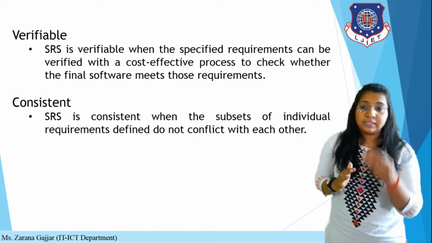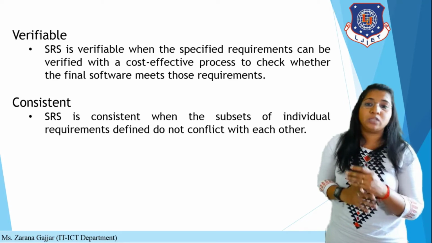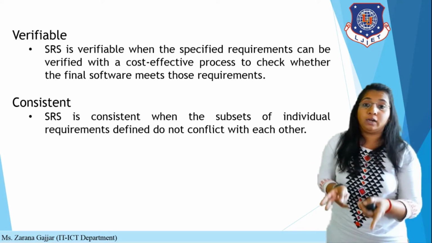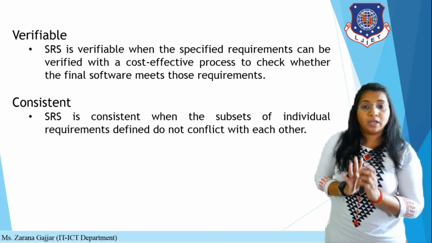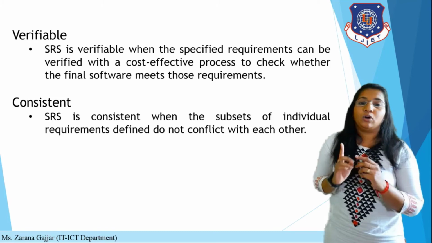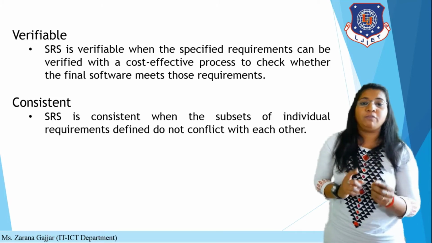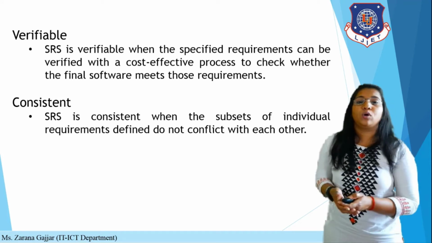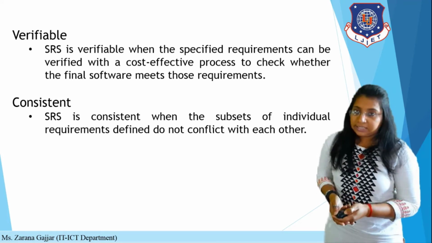By consistency, the SRS is consistent when the subset of those particular requirements defined do not conflict with each other. So there is always a single meaning, a single interpretation, for a single requirement. So these are the characteristics of a good SRS.